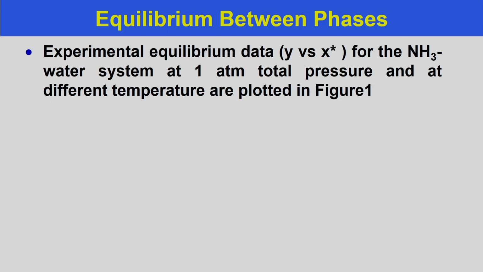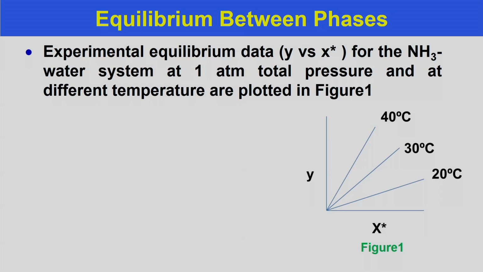If we just plot experimental equilibrium data y versus x star for the ammonia and water system at 1 atmosphere total pressure and at different temperatures, it looks like this, as seen in the figure.